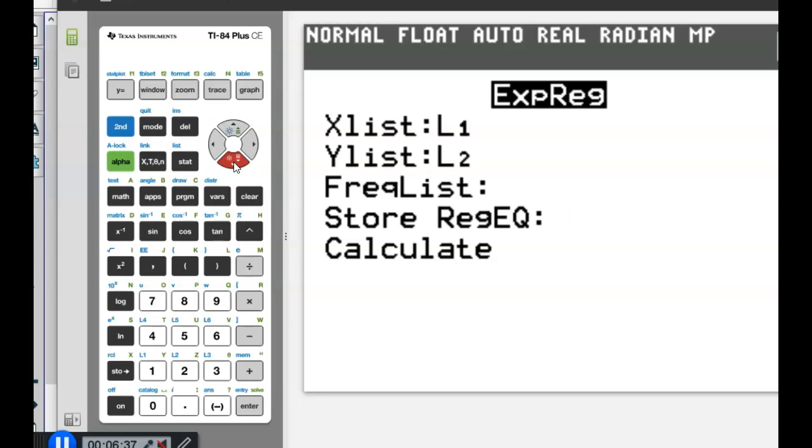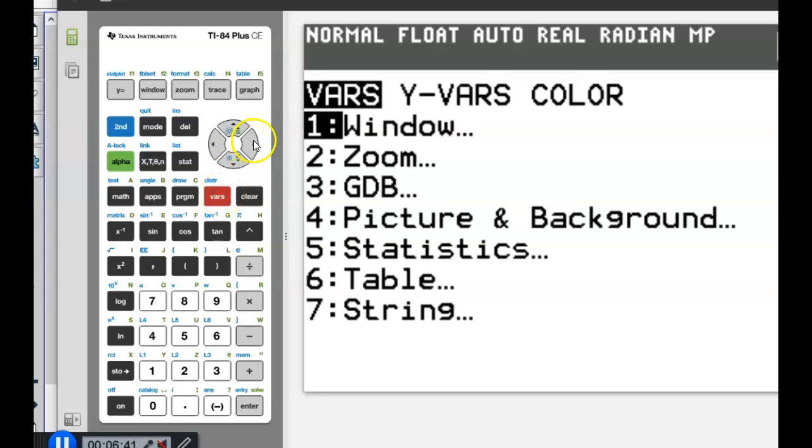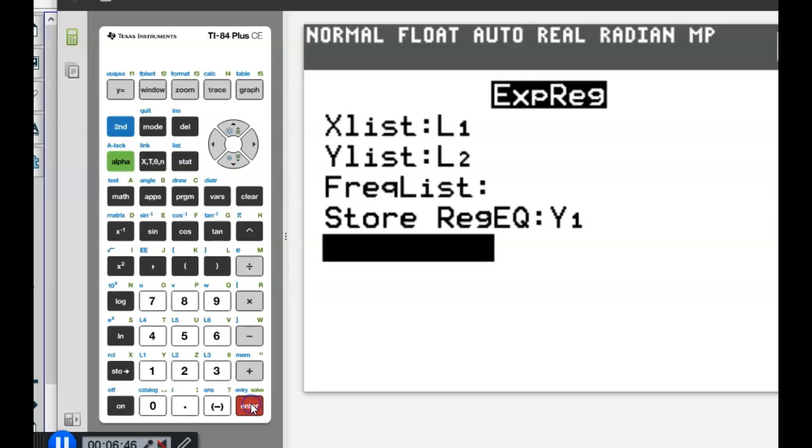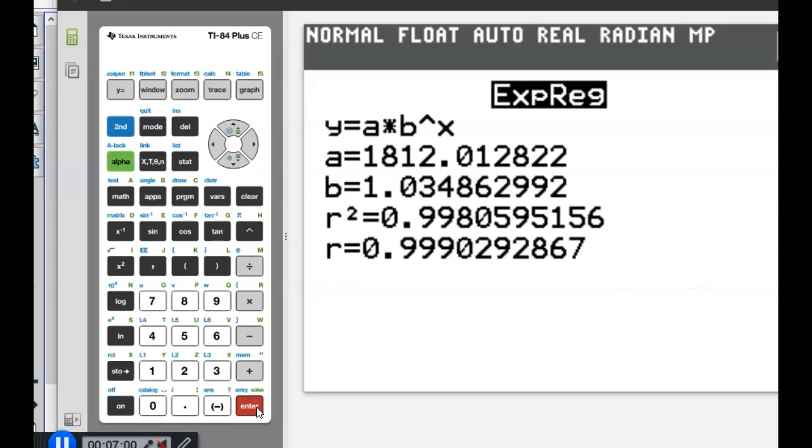Yeah, alpha trace will work. I'll do it the old way. It's vars, arrow to the right, enter, enter, enter, which is next to clear. All right, otherwise it's alpha trace, and that will give you the choices.